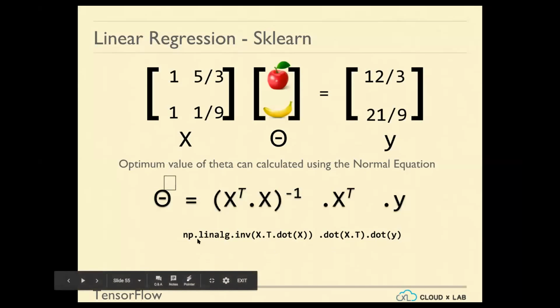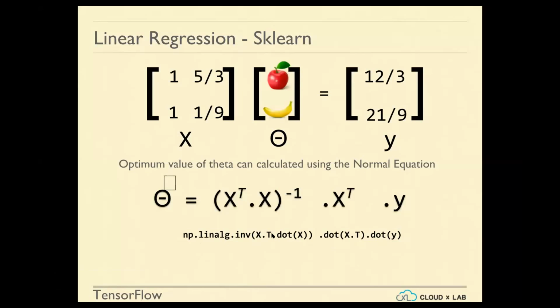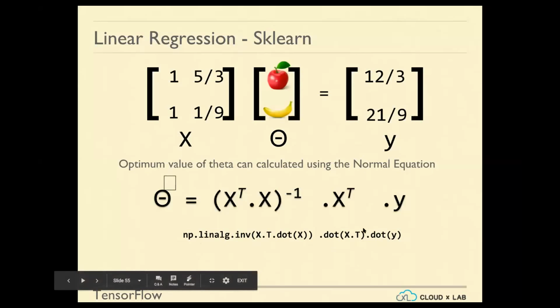Okay, so using numpy, you can quickly do the inverse like this and the dot product like this using dot. And x dot t means we are computing the transpose of a matrix. You can see that here xt is being computed twice.